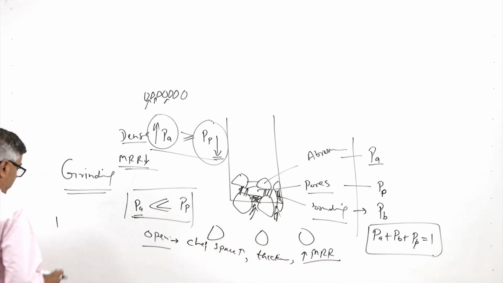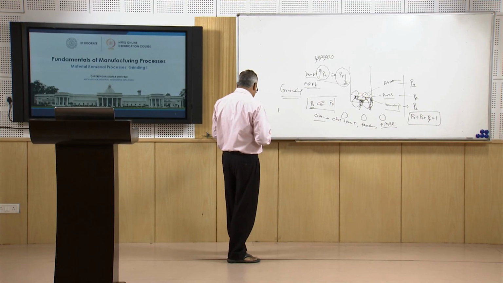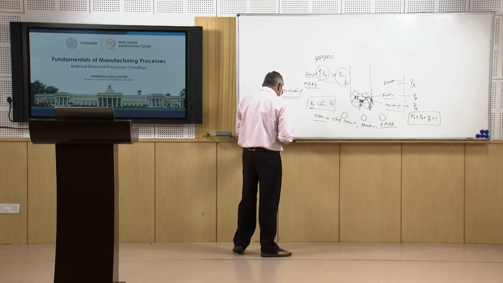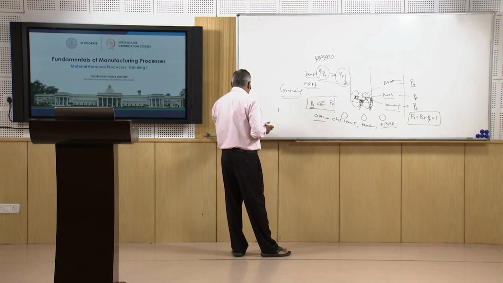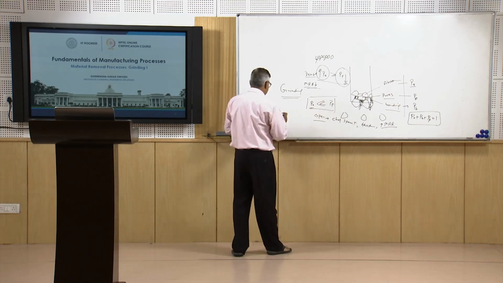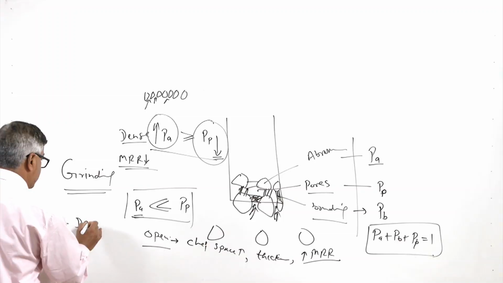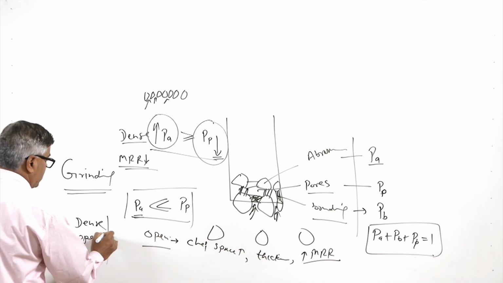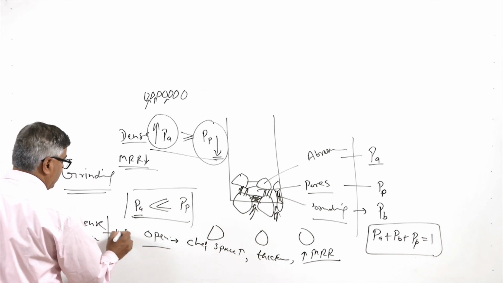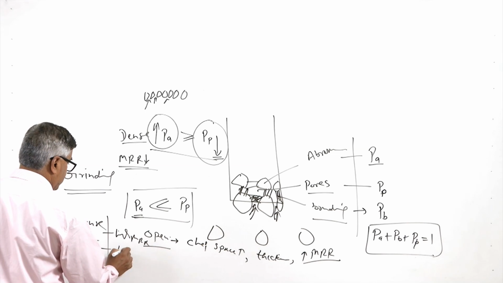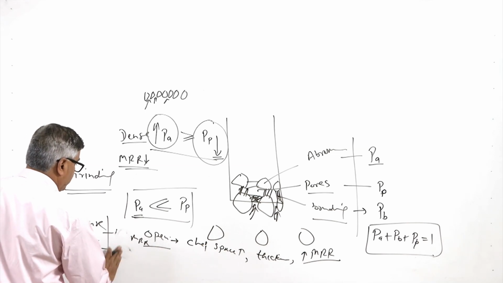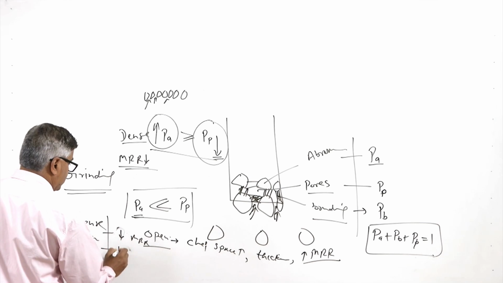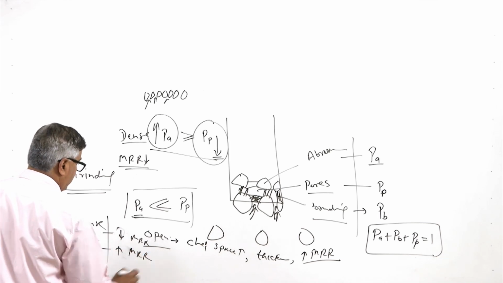Numbers 1 to 15 are used to indicate the structure of the wheel. 1 is used for the dense structure, which results in low MRR, and 15 is used for the open structure, which results in high MRR.